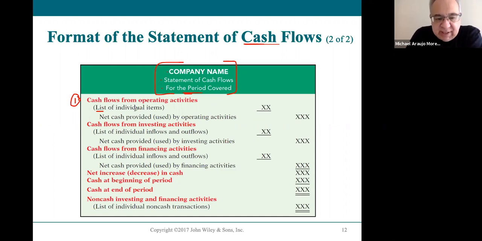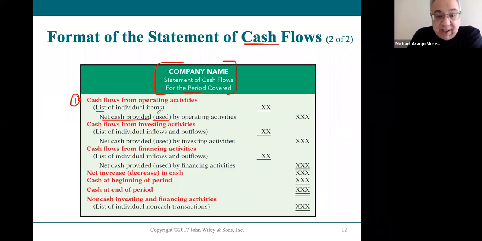So normally when you list the items for operating activities, if there's more cash coming in than being used, they use the phrase net cash provided. So net cash provided simply means there's cash flow coming in. If there's more going out than coming in, they'll use the words net cash used.